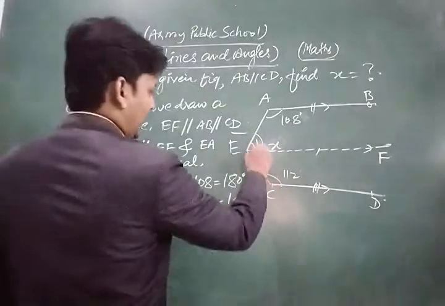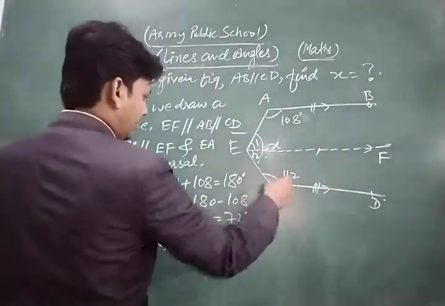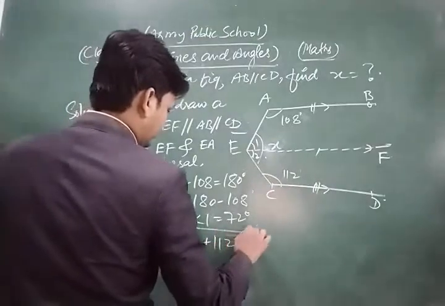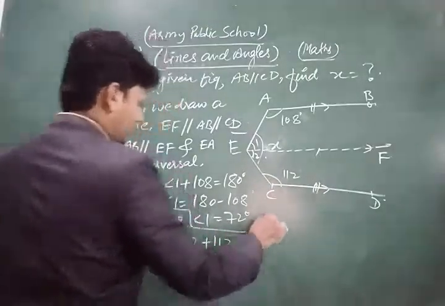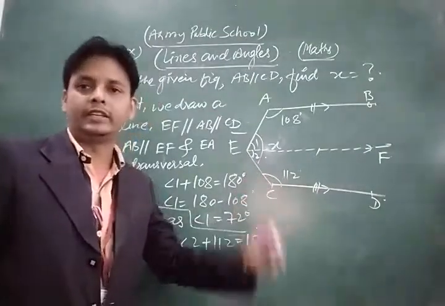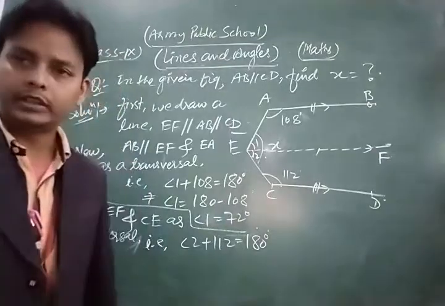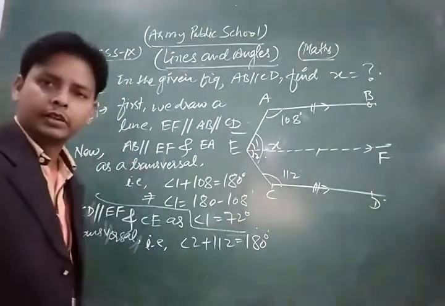That is, angle 2 plus angle 112 is equal to 180 degrees because they also form a co-interior angle, and the co-interior angles are supplementary to each other.